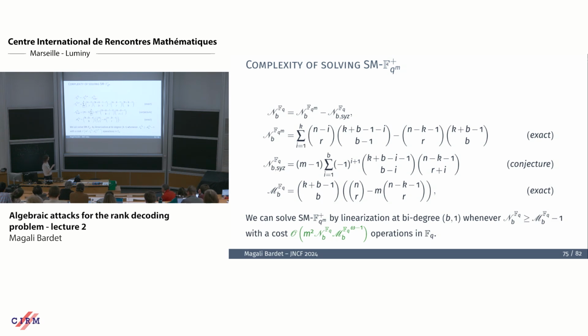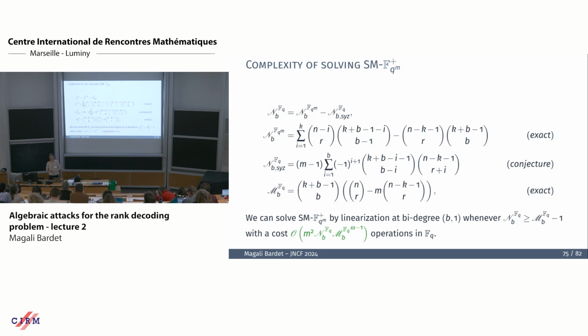So this is exactly the number of columns of your Macaulay matrix at degree b. This is the number of rows you have when you put the equations in your Macaulay matrix multiplied by some X. And this is the number of syzygies you have when you remove all the C variables using the linear equation.